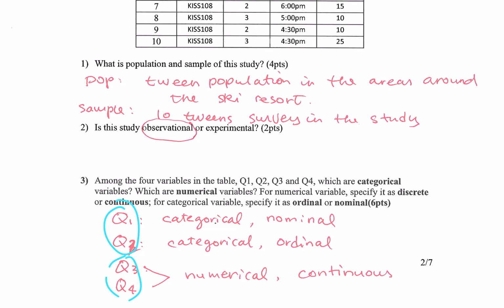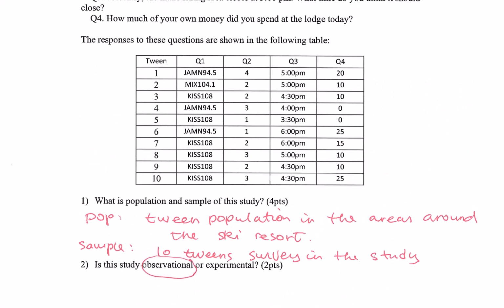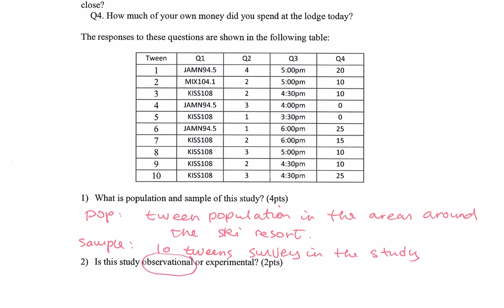In terms of ordinal and nominal, for the categorical ones, Q1 is just about the names of the radio stations, so they're just categories with no order at all.